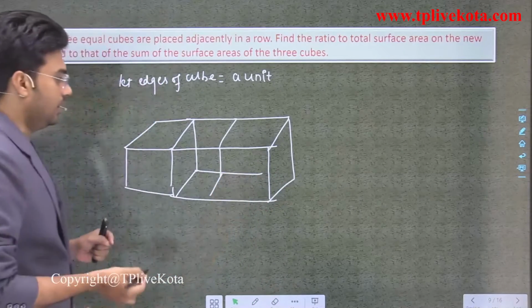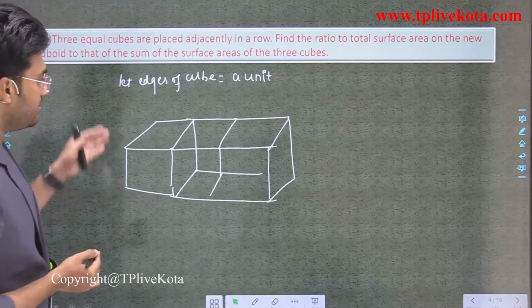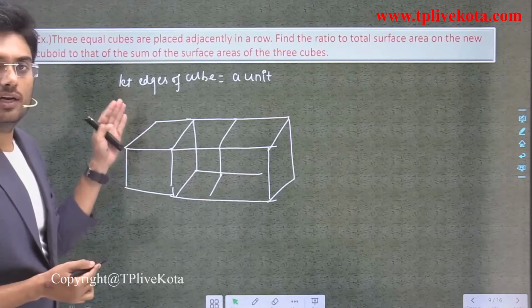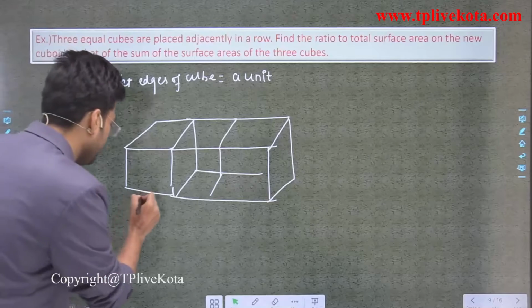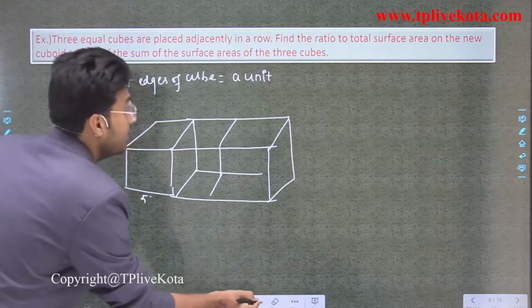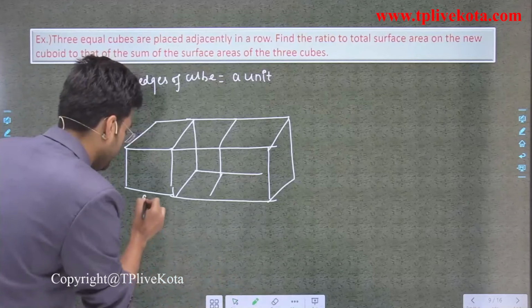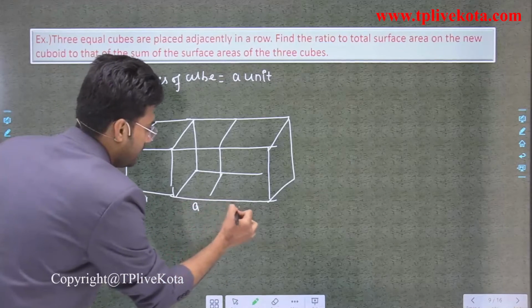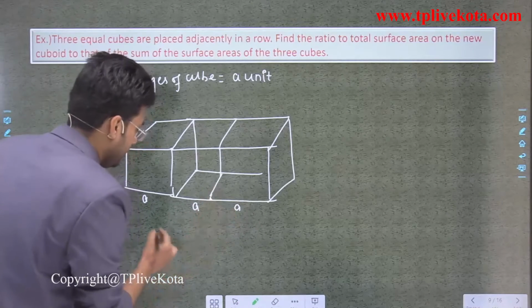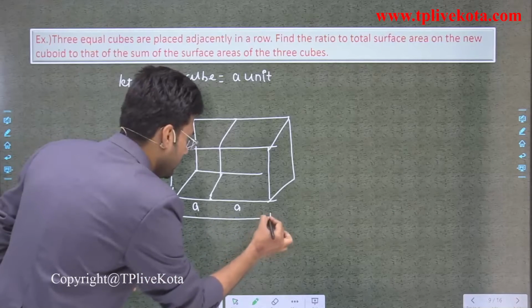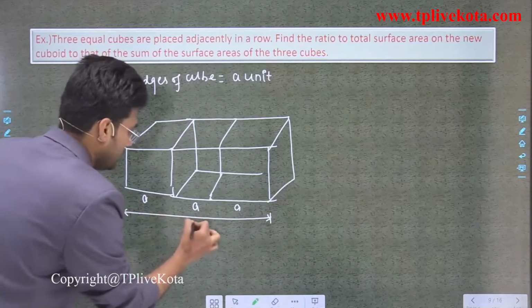Now students, it becomes a cuboid, and if this is a unit, this is also a unit, and this is also a unit, then length of this cuboid is 3a.